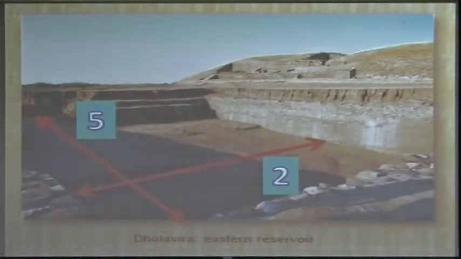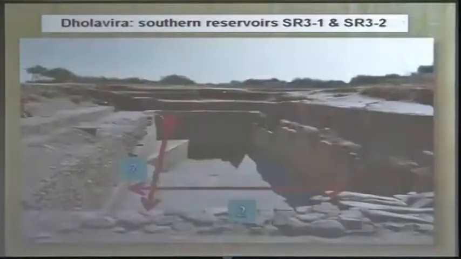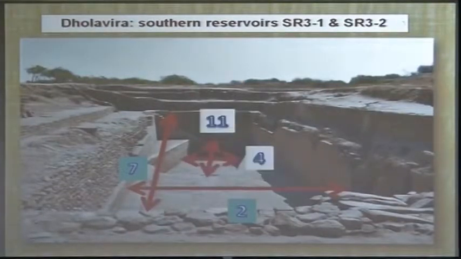So 2.5, and very precisely. So there is, of course, a desire to implement those ratios. 7 to 2, this is the famous rock cut, cut in the sheer rock. 7 to 2 for the major reservoir, 11 to 4 for the secondary reservoir at the bottom. And so on. It goes on.